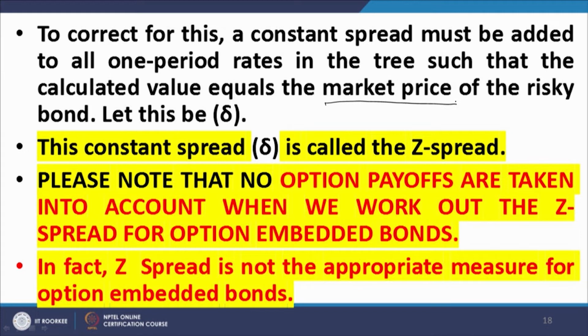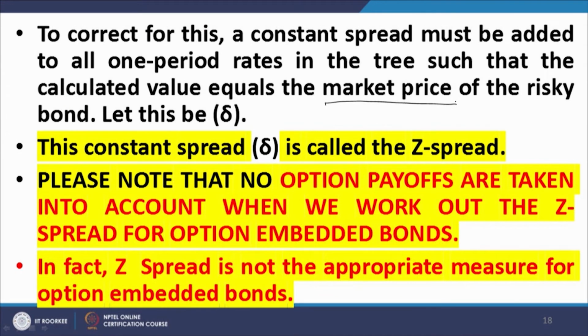Please note that no option payoffs are taken into account when we work out the Z spread for option embedded bonds as well. In the case of bonds which do not have any embedded option features, obviously this statement is irrelevant, but even in the case of option embedded bonds, when we are computing the Z spread, we are ignoring the option.